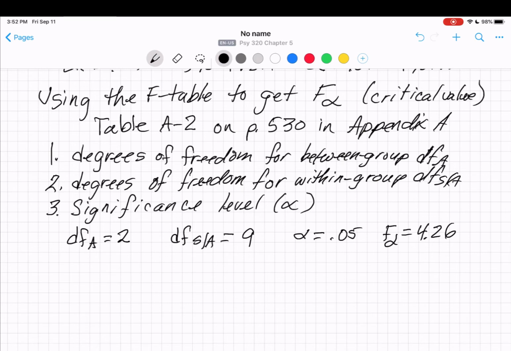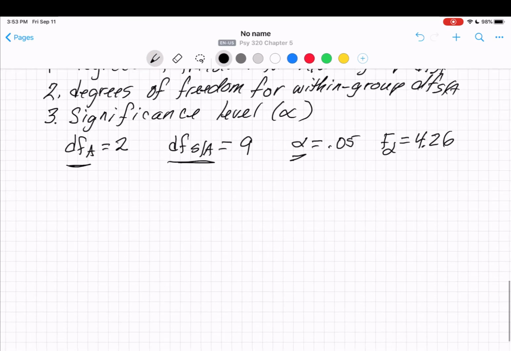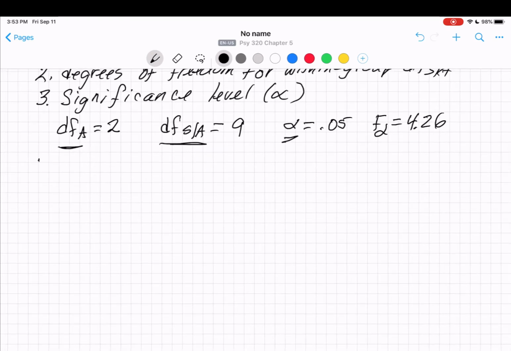So you use your alpha that's given in the problem, your degrees of freedom for A, and your degrees of freedom for S over A. Now, that F alpha, that 4.26, is going to go into our decision rule. Okay, so we're going to go back to this idea of decision rules.